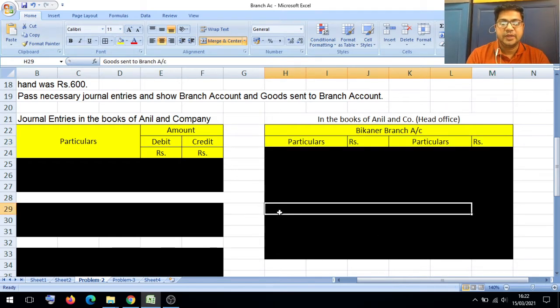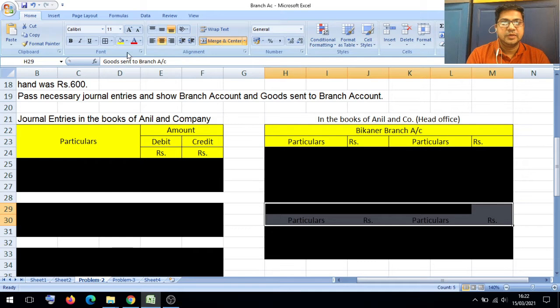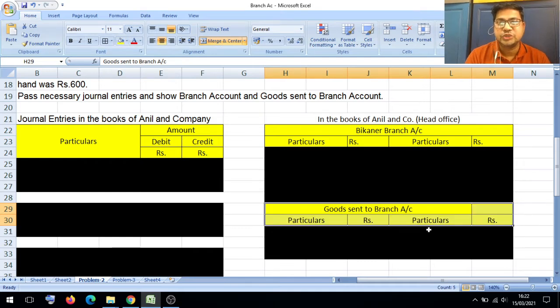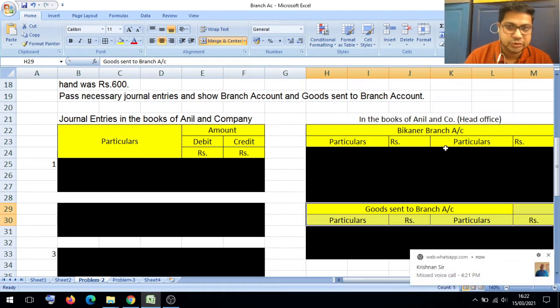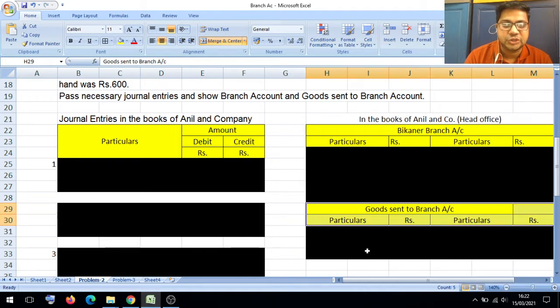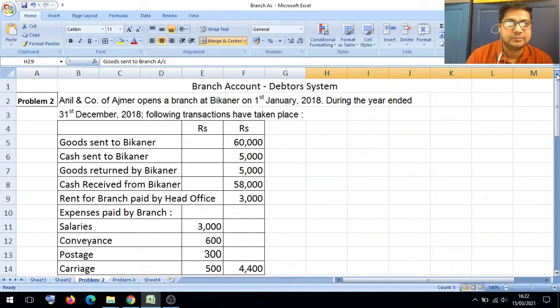And one more ledger we will prepare, that is the goods sent to branch account. We will prepare general entries in the books of head office, Bikaner branch, and goods sent to branch account. Now let us discuss the general entries one by one.